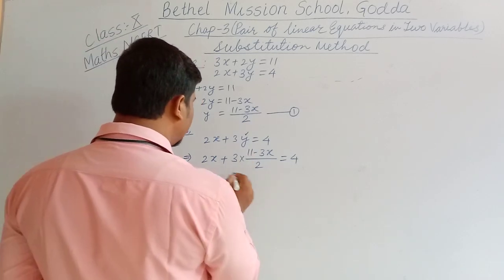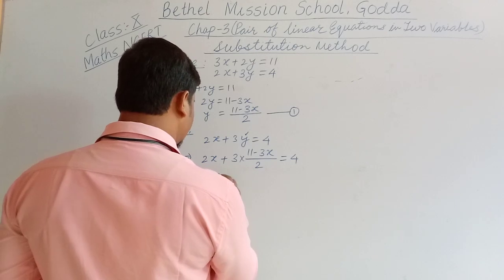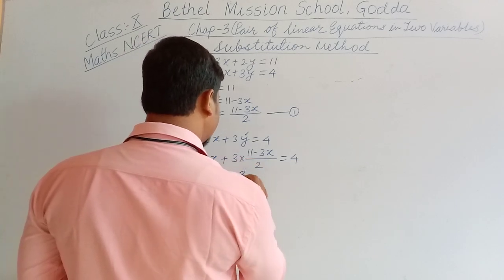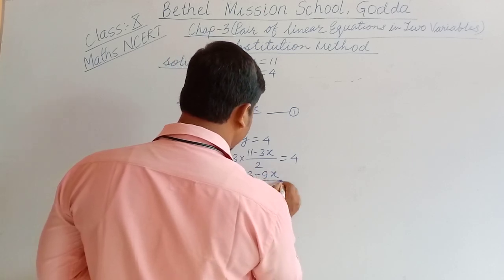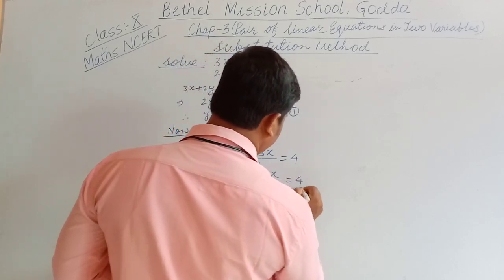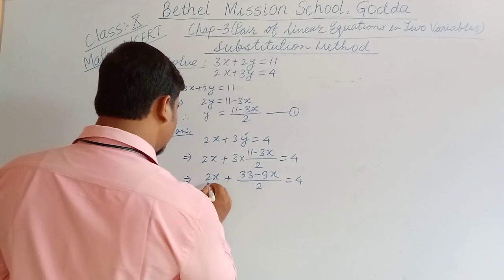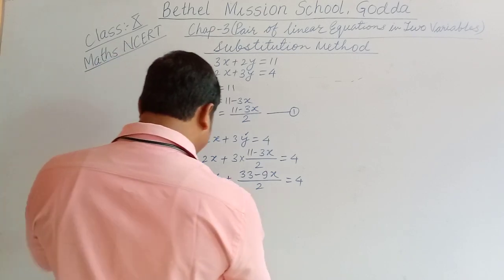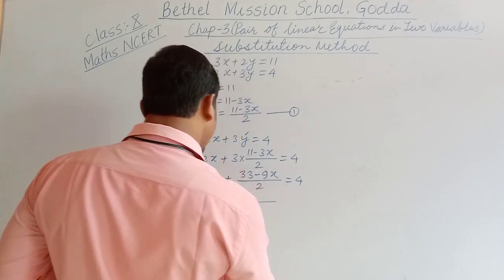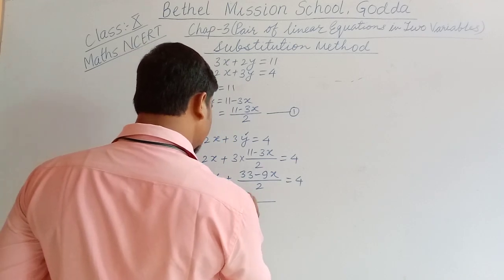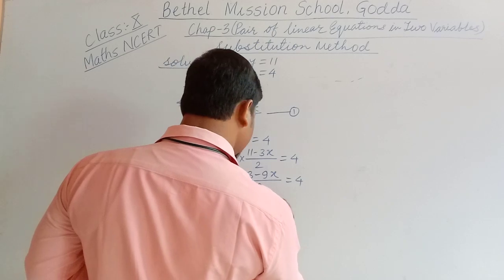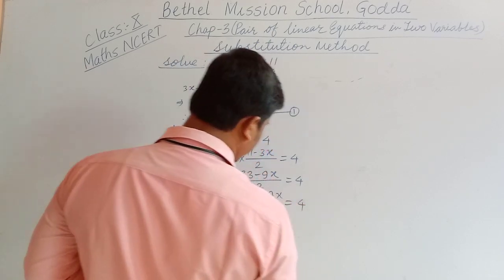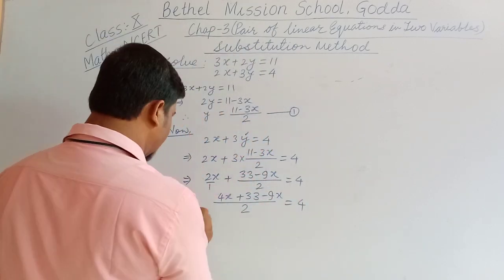So what will be 2x plus 3 times 11 is 33, and 3 times minus 3x is minus 9x, upon 2 equal to 4. Downside 1. Now we will take the LCM: 2 times 2x is 4x, and here plus 33 minus 9x equal to 4. Now we will transfer to that side.